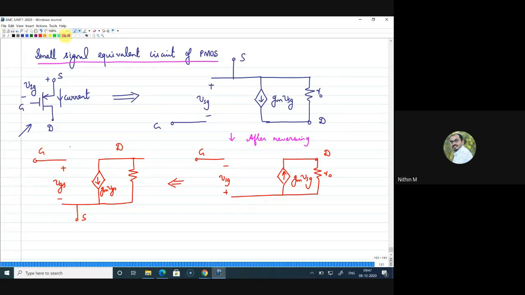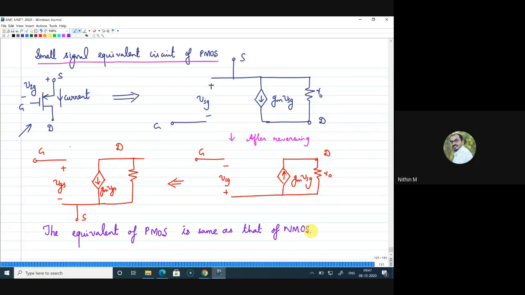So what I want to conclude here is the equivalent circuit of PMOS. Can you find any difference here? The equivalent circuit of PMOS is same as that of NMOS. NMOS and PMOS have same equivalent circuit. There is no difference.